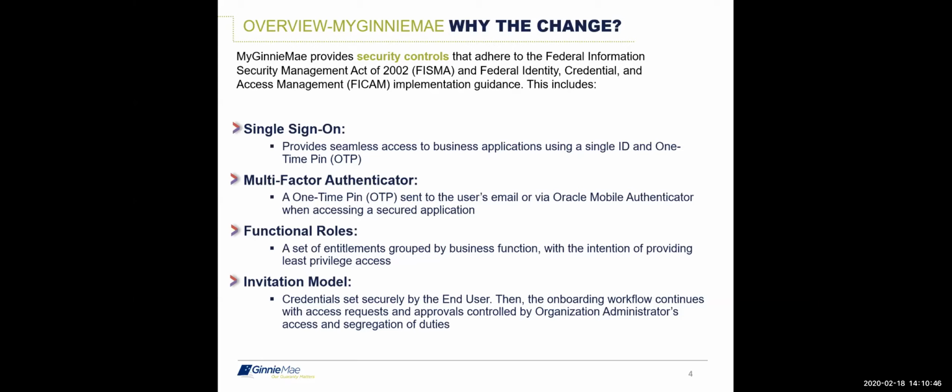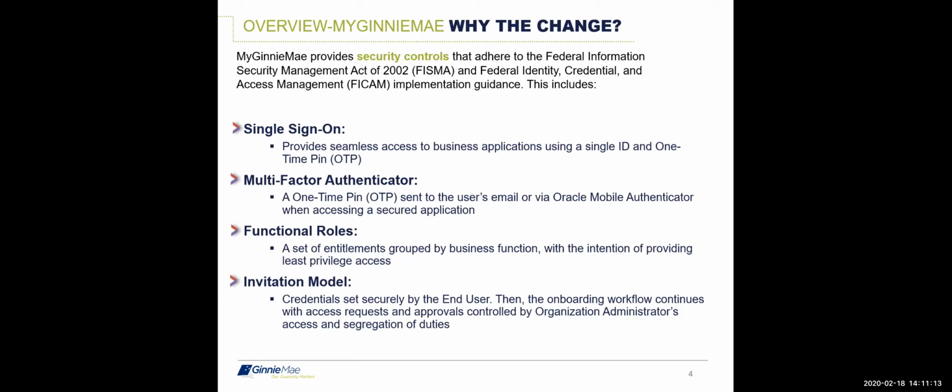I highly encourage you to register for the Oracle Mobile Authenticator to have that PIN delivered to your phone or other smart device. And yes, you can have that delivered to a personal phone. Each time you log into the portal, you can select whether you would like that PIN delivered to your email or your smart device once it's been registered. And that is an additional factor that makes getting into the portal that much more secure.